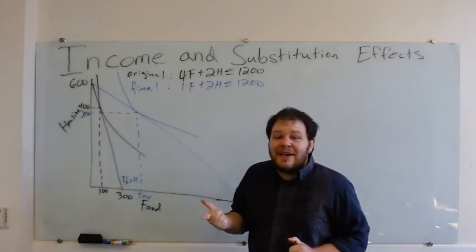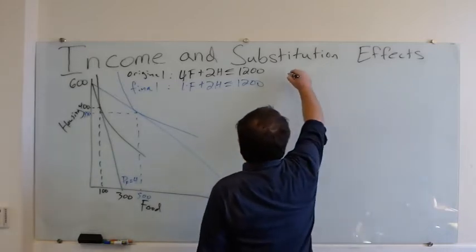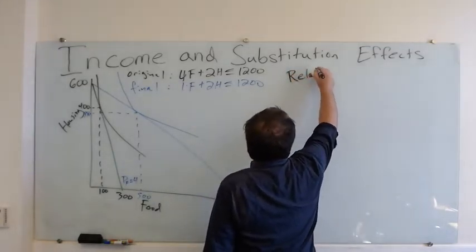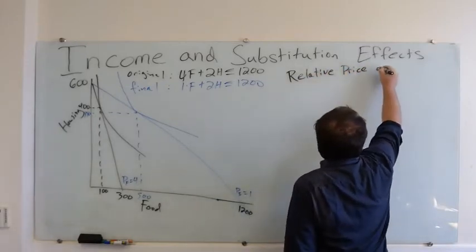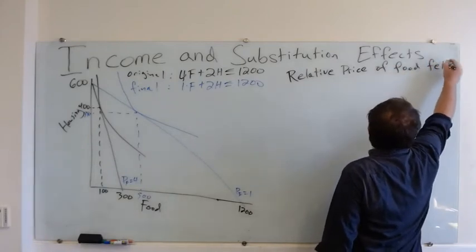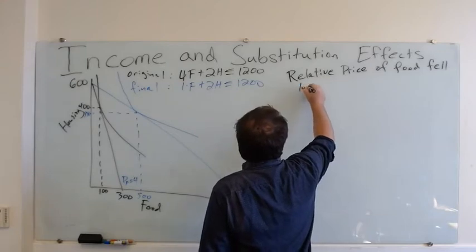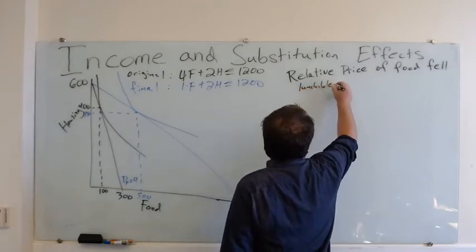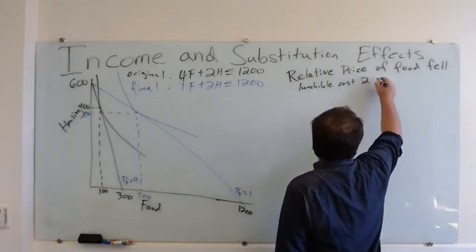So the first and most obvious consequence of the change in prices is that the relative price of food went down. Right? It used to be that a Lunchable cost 2 square feet of housing.